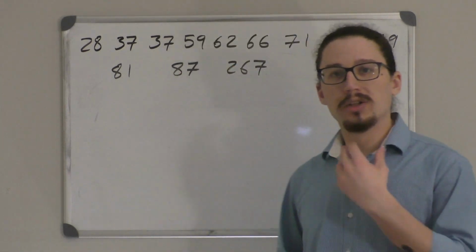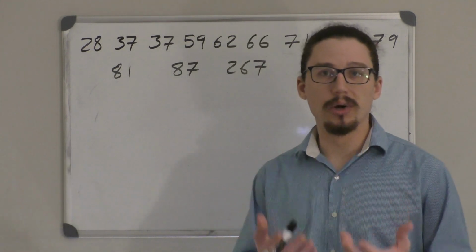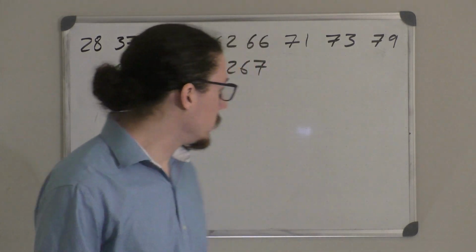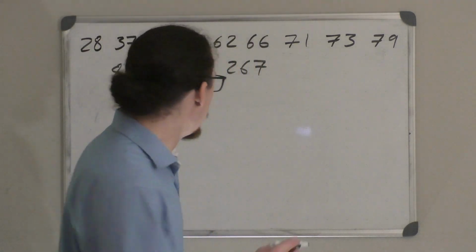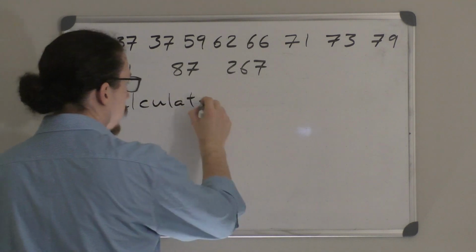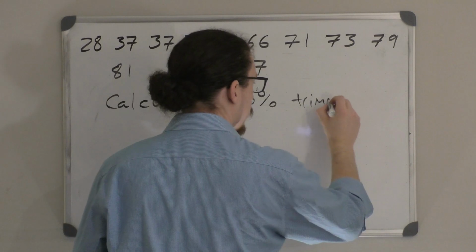So that could be a 5% trimmed mean, 10%, 15, 20, 17.5% trimmed mean, whatever is actually being asked for. I'm going to go through this process by showing you how this is done, because otherwise it gets a little confusing. We're going to do a 20% trimmed mean.